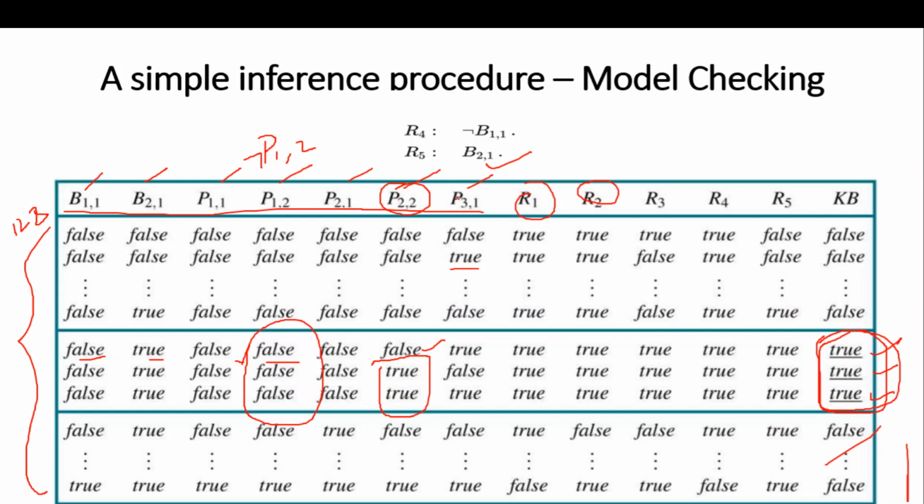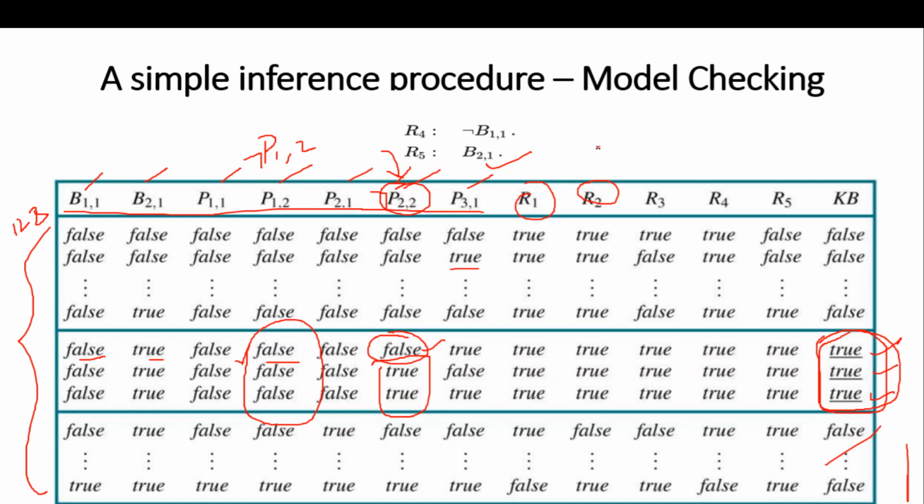But what does entailment say? Wherever KB is true, alpha should also be true. In our case, alpha is not P2,2. Not P2,2 is true only for this case. For these 2 cases, not P2,2 is false.